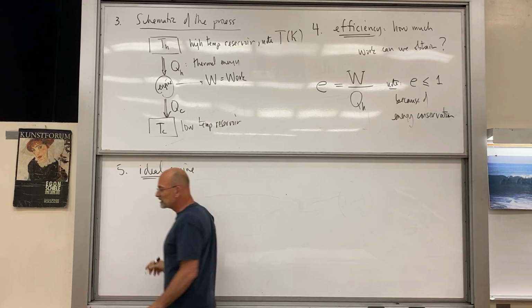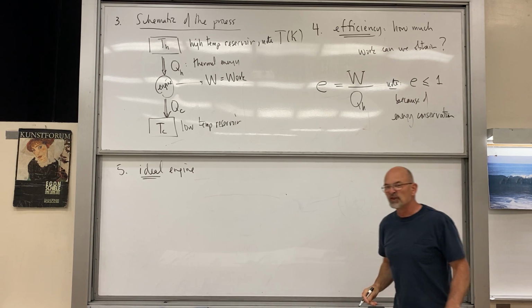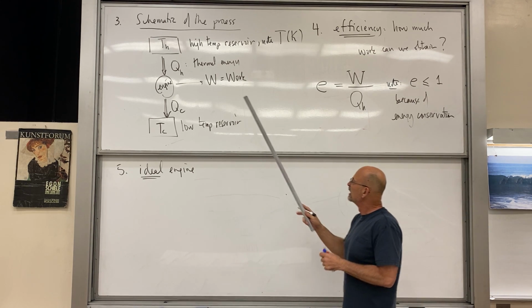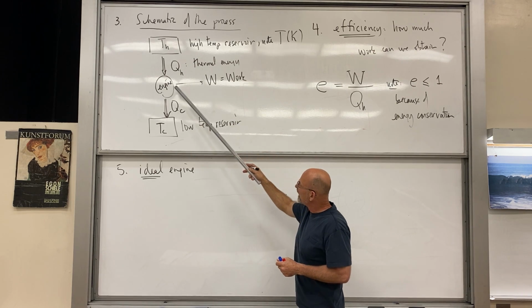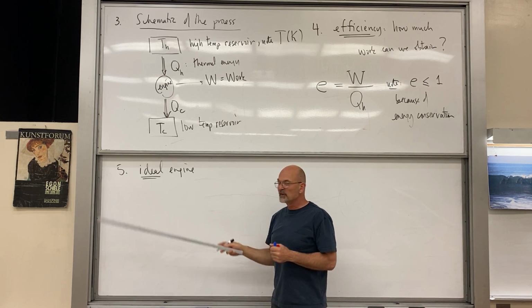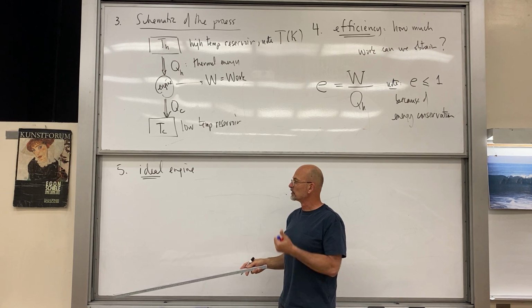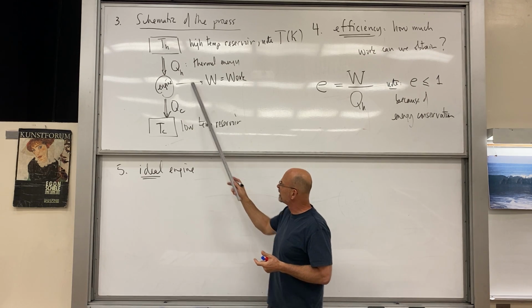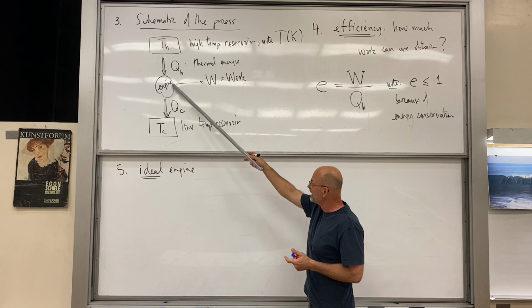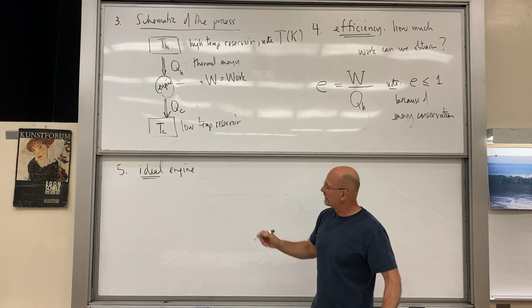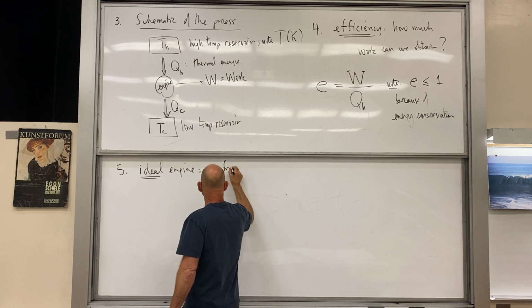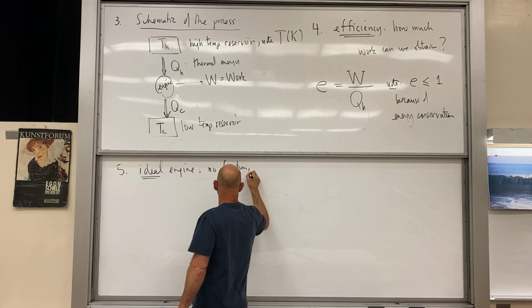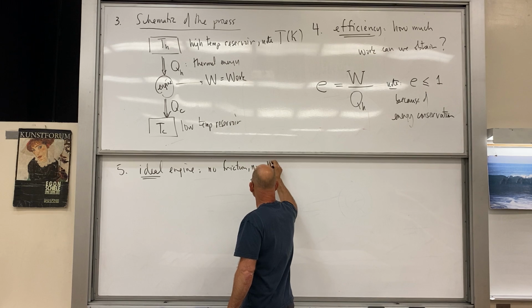And the ideal engine has no losses. So if I have this diagram, remember I said this is all the quantities we're going to talk about. So there's no extra loss due to friction. There's no extra loss due to heat going anywhere else except the exhaust. So if I say an ideal engine, it's no friction, no other losses.